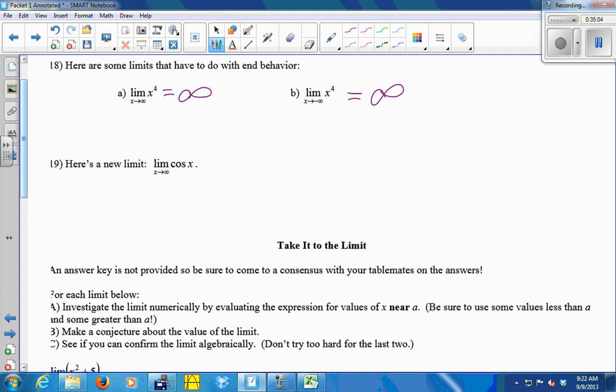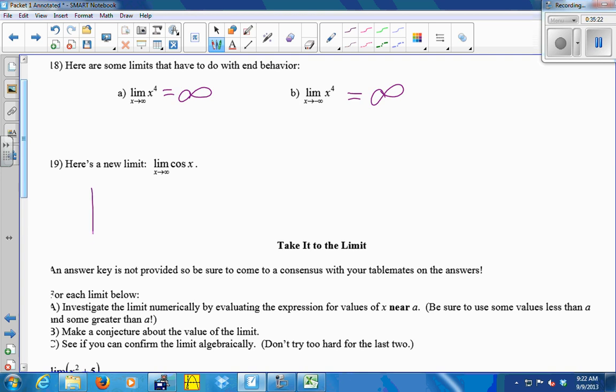Okay, so here's a new limit. The limit as x goes to infinity of the cosine of x. So what happens to the value of cosine as you let x get bigger and bigger? Yeah, it oscillates, right?